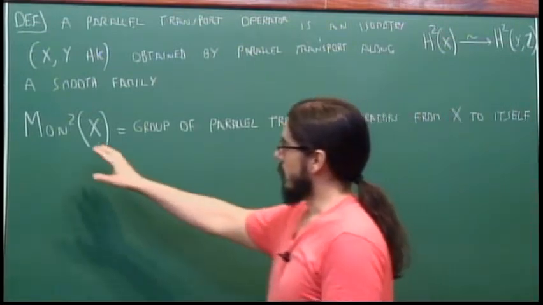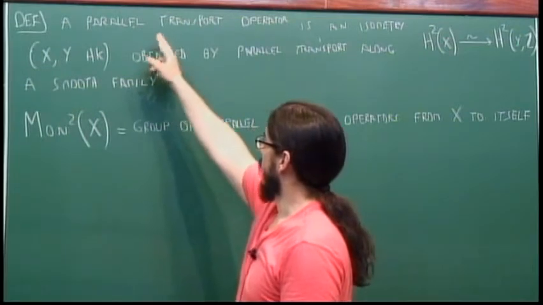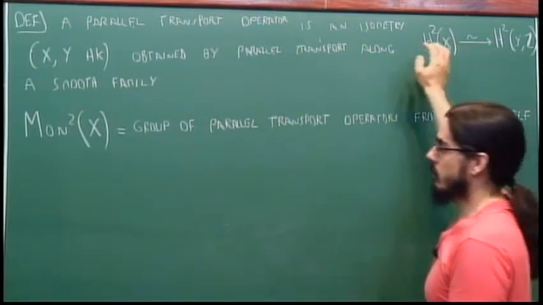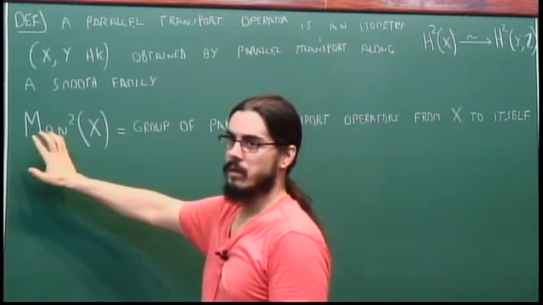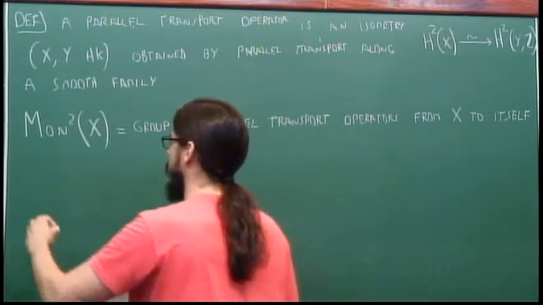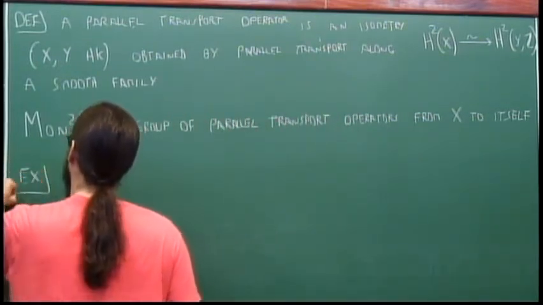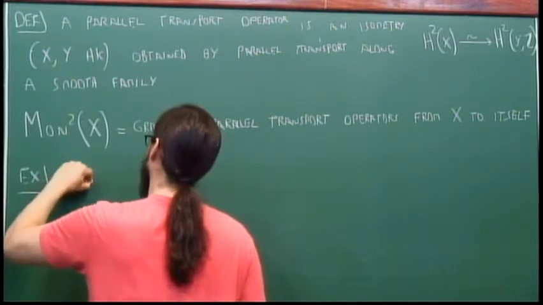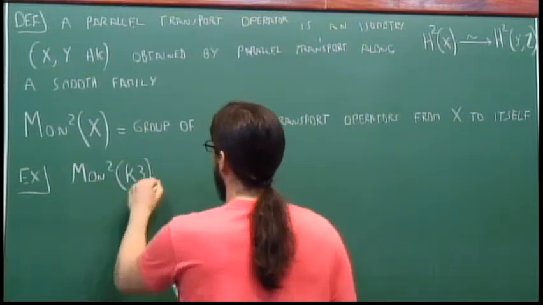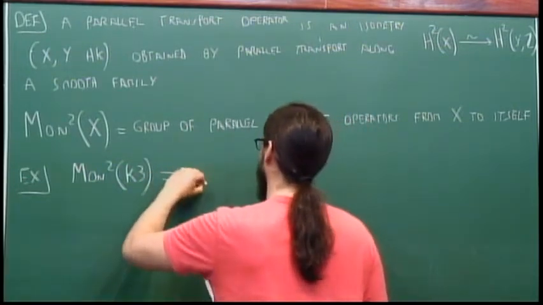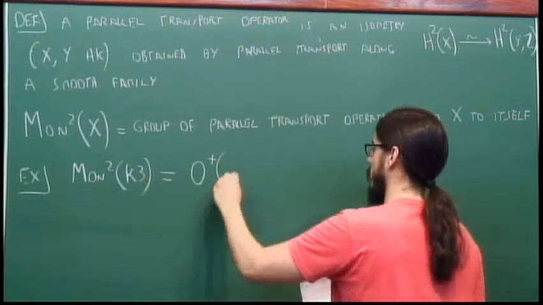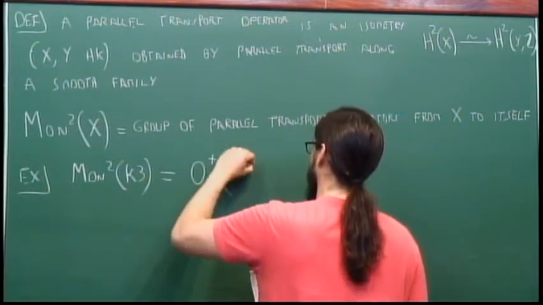So in principle, one should consider the action of a parallel transport operator on all the cohomology. But for the purpose I'm interested in, only the action on the second cohomology is relevant. And an example, Mon^2 of a K3 is simply all orientation preserving isometries.